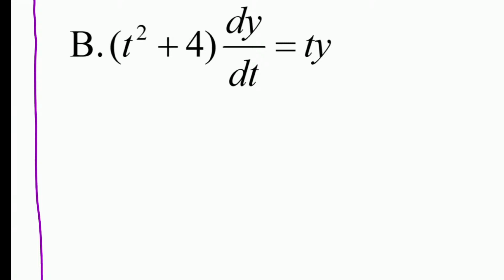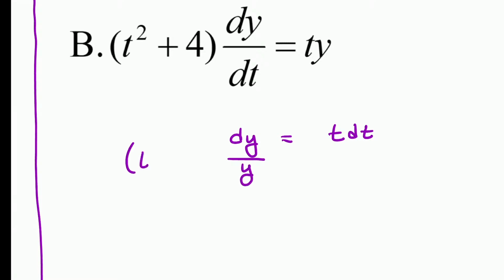Well, Cooper C, did you separate those variables? Okay, let me do this for you. So you want to put t dt on the right side, and then on the left side, what are you going to divide by? y. All right, good.